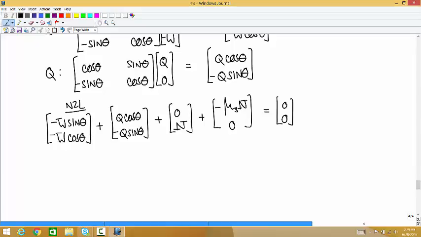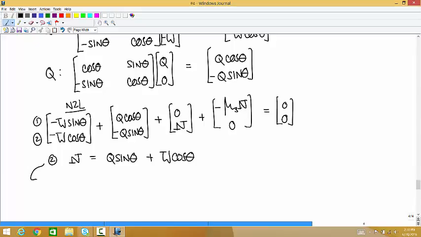So now we want to find Q, so we can solve for the variable Q. If this is equation 1 and this is equation 2, let's use equation 2 to express N as equal to Q sine theta plus W cosine theta.